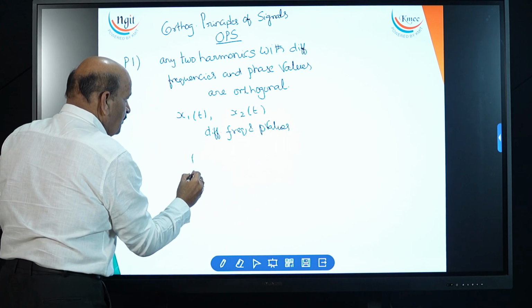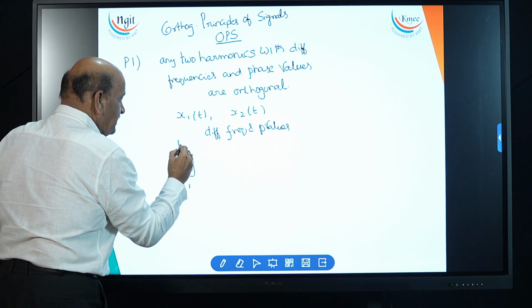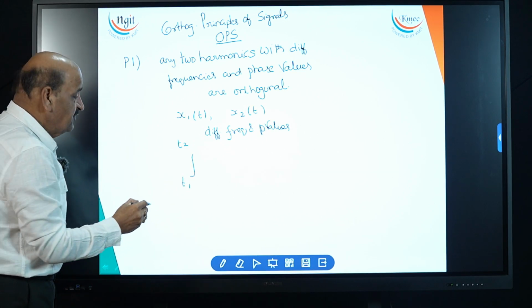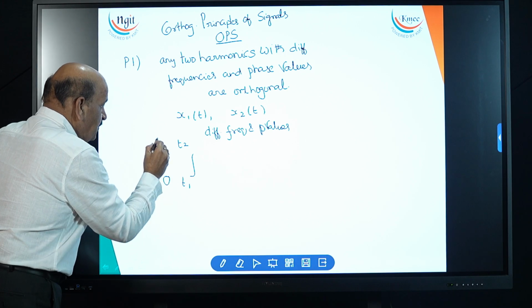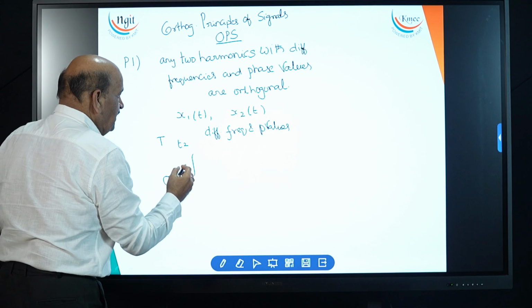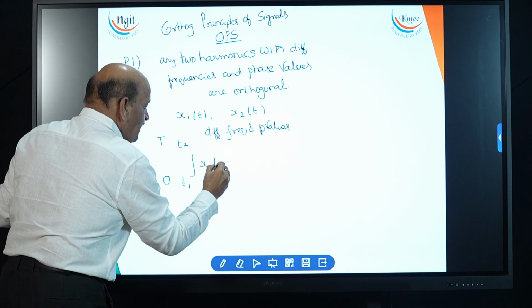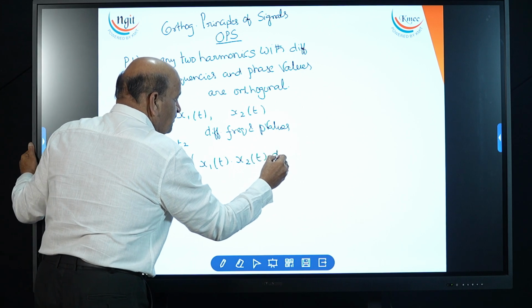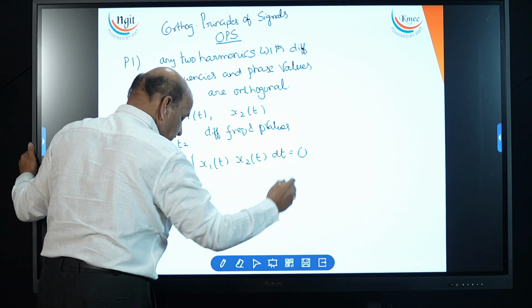Then over a given time period t1 to t2, some others may use the period 0 to t, anything you can use, no need to worry. The integral of x1 of t times x2 of t dt is equal to 0.